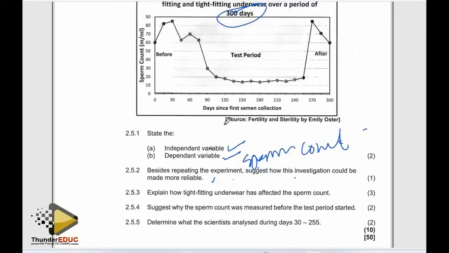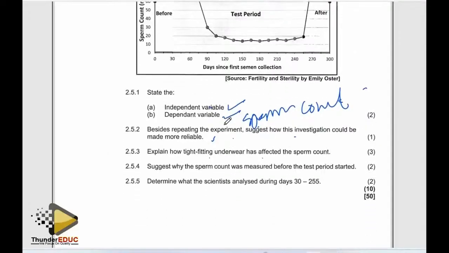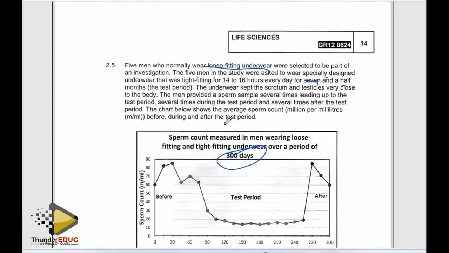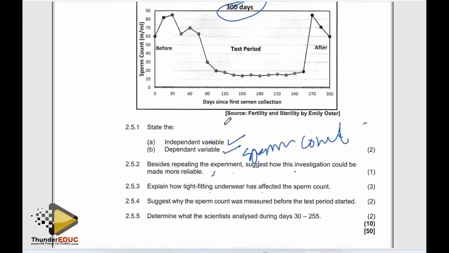Explain how tight-fitting underwear has an effect on sperm count. Hey guys, if you're putting on tight underwear, yeah. Okay, when you say tight, it means it pushes. Underwear keeps the scrotum and the testicles very close to the body, and the body is hot.